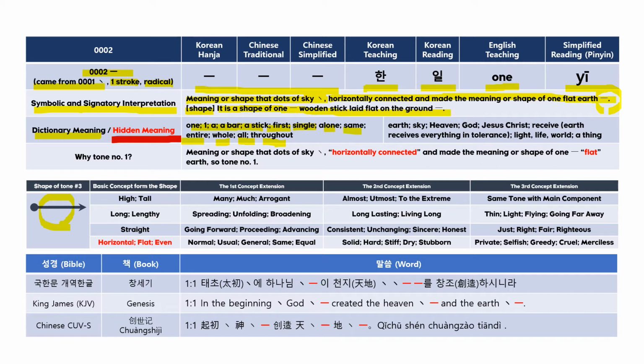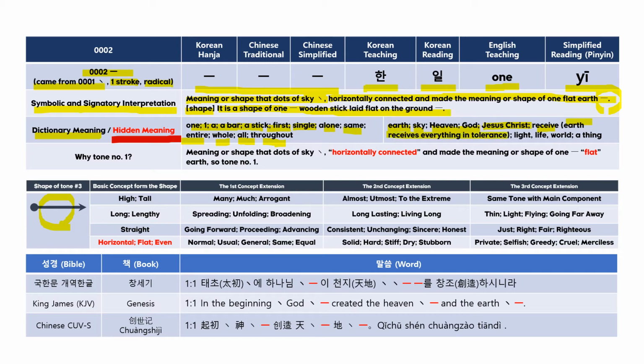So the hidden meanings of this character, 1E, earth. So Cheonjiin circulates among them. So 1E also means, as a hidden meaning, sky, heaven, God, Jesus Christ, or receive, because earth receives everything in tolerance.